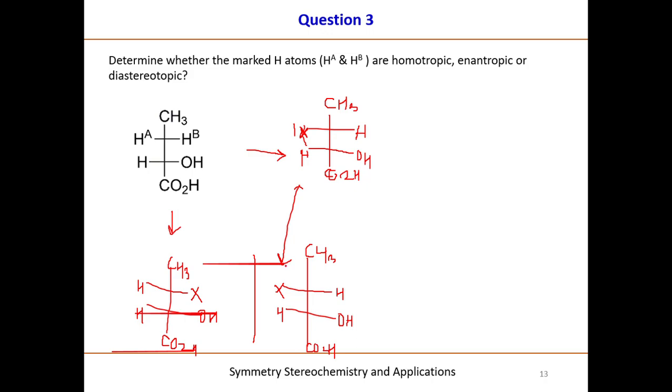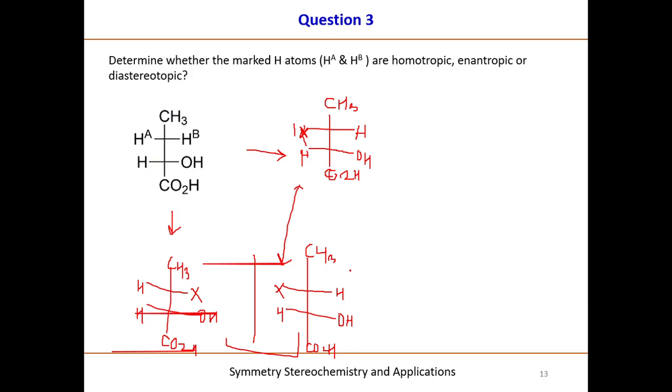That means these two are non-superimposable mirror images of the molecules. That means they are enantiotopic. Ha and Hb of this molecule are enantiotopic, and the molecules are enantiomers, because they are giving non-superimposable mirror images here. That's why it's enantiotopic.